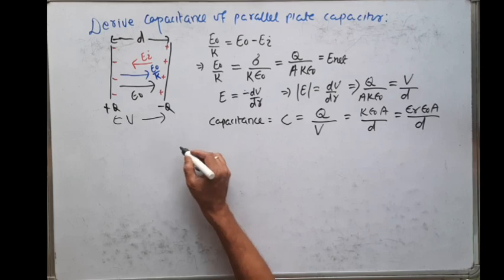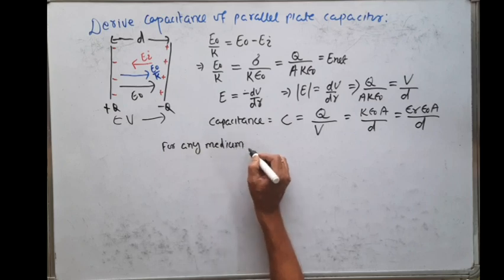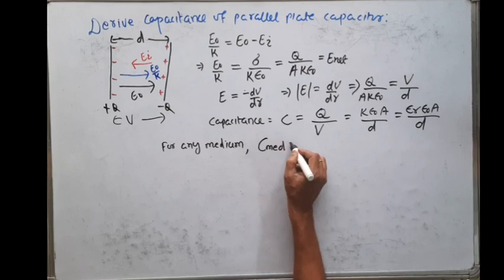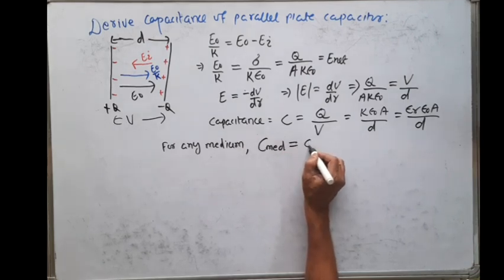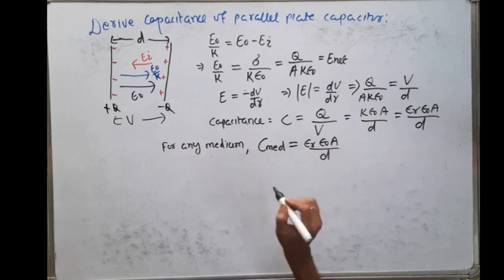So for any medium other than air, I can write the capacitance as epsilon R epsilon naught A divided by d.